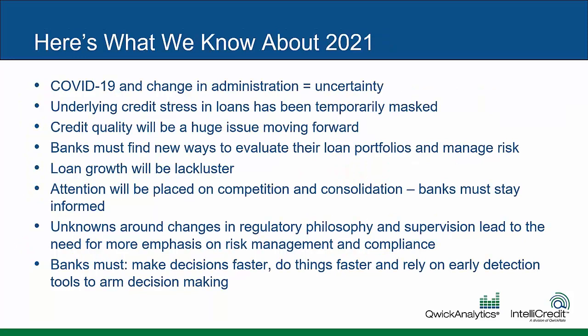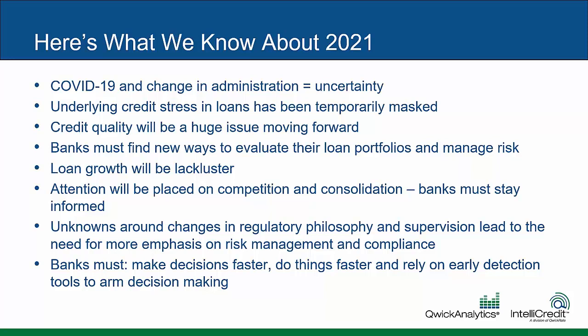As we enter into 2021, obviously uncertainty has been a catchphrase for the last year, and certainly will be again this year. There is clearly going to be underlying credit stress that's been masked by all of the liquidity, the PPP loans, and all the efforts that the Fed and the government have made to ease the burden of COVID.